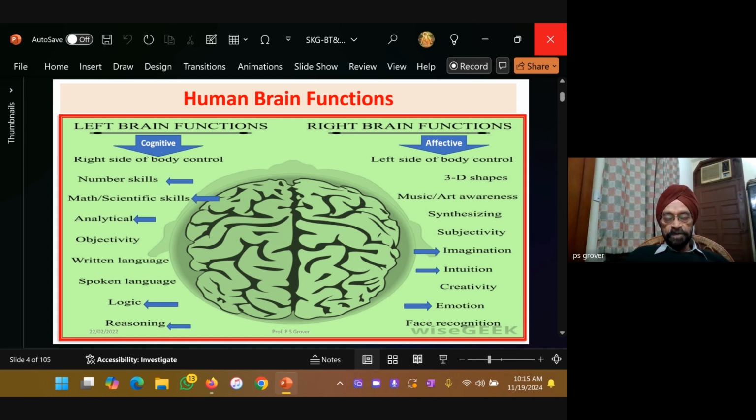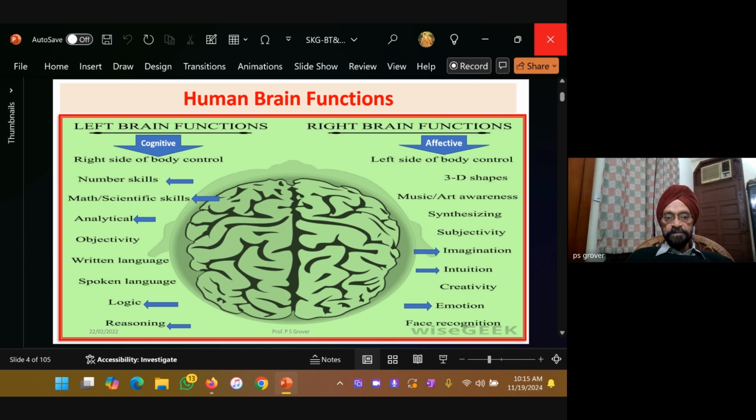Now, before I touch upon Bloom taxonomy details, I just want you to look at this slide of the human brain. Here, I want to highlight that nature has given us mental thinking abilities, that is cognitive.